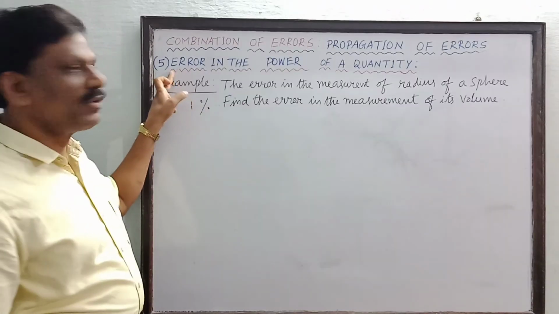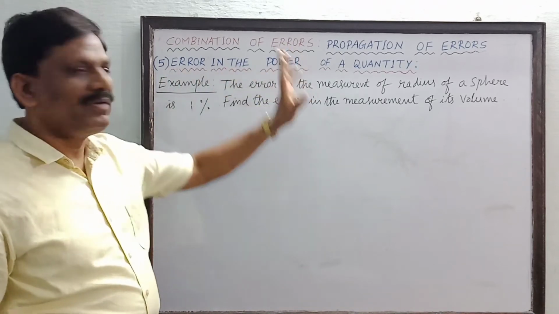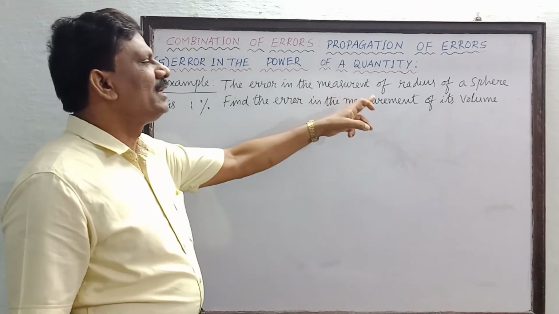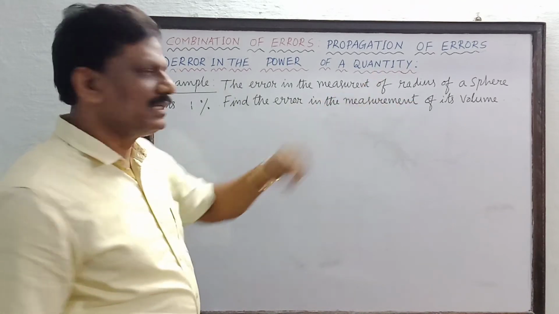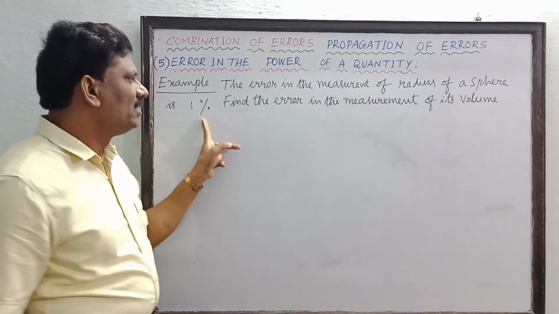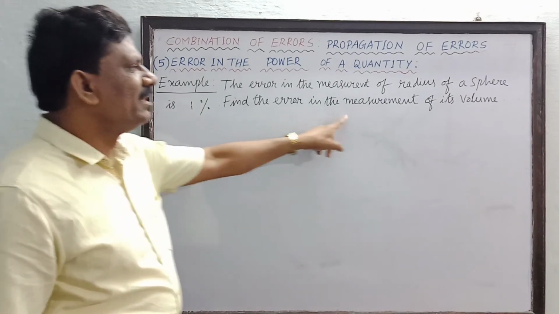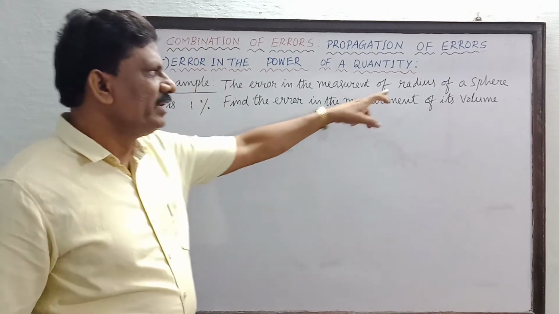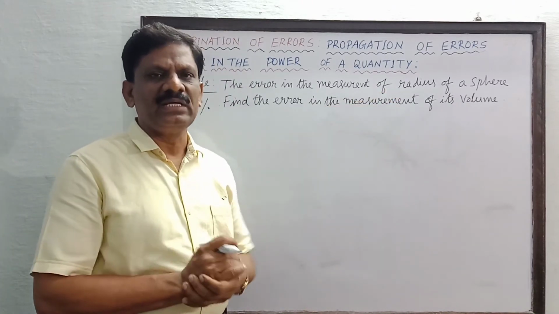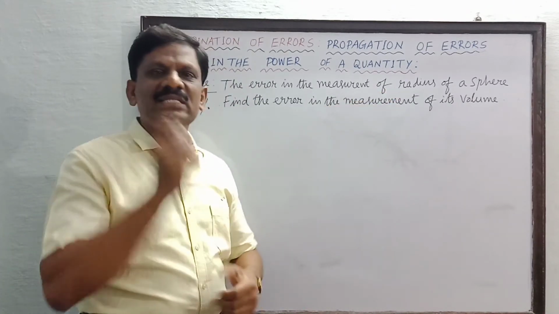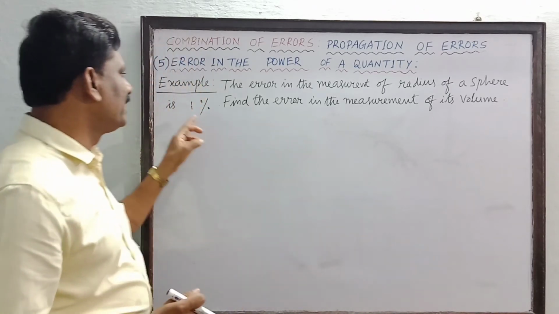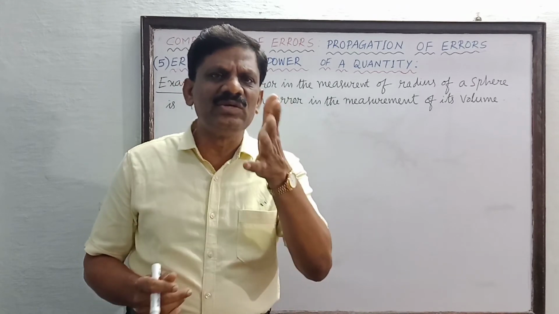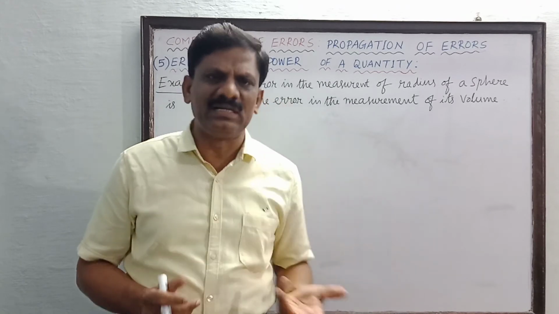Now we are going to explain the error in the power of a physical quantity with an example. The error in the measurement of the radius of a sphere is 1%. Find the error in the measurement of its volume. We measure the radius of a sphere, and the percentage error is given here. What do you mean by percentage error? It is relative error multiplied by 100.